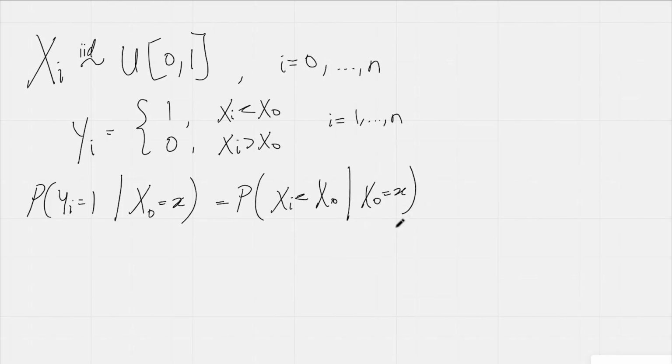And now, well, we know if x0 equals x, this is just going to be the probability that xi is less than x. But because xi is a uniform random variable, the probability that xi is less than x is simply equal to x. And that's a really nice result of uniform distributions, or in particular the uniform distribution over 0, 1. Okay, so we have the probability that yi equals 1 given x0 equals x is just x.